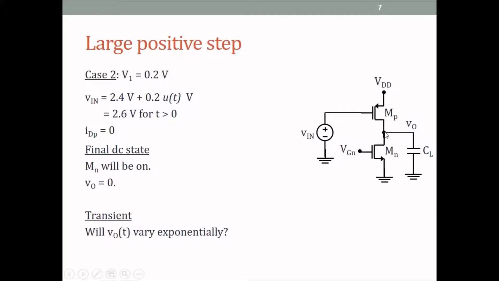So the final DC output voltage will be 0. Initially, for t less than 0, it was 1.5 volts. So the output would go from 1.5 to 0 because the capacitor has to discharge from 1.5 to 0. Now the question is, will VO vary exponentially with time when this happens? What is the answer?